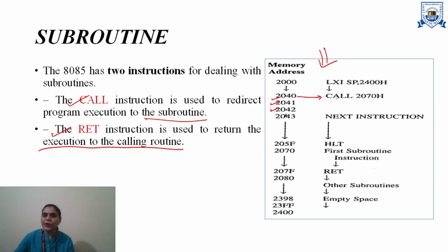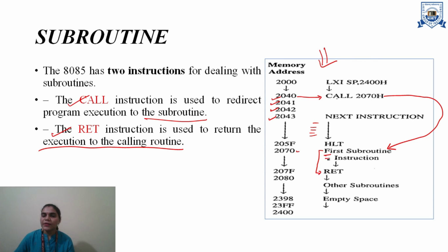And in this program, the next instruction will start from 2043. Once the subroutine is called, the control will be transferred to 2070 memory location. And here the subroutine is written.